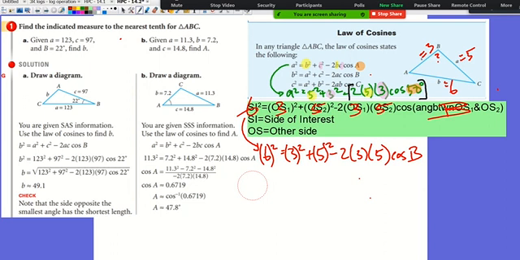Now it's just isolating the cosine of B. This easy part is what trips people up. What I'm going to do is subtract 3 squared from both sides, and I'm also going to do the same thing for 5 squared.